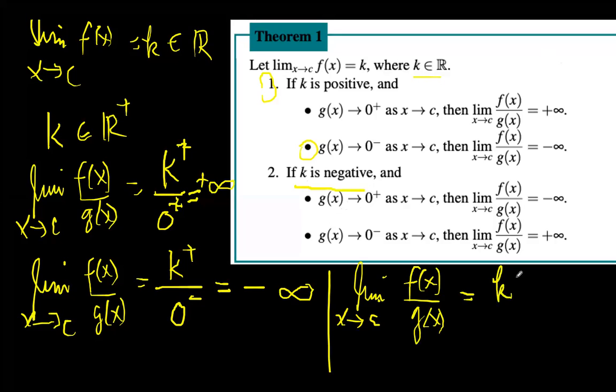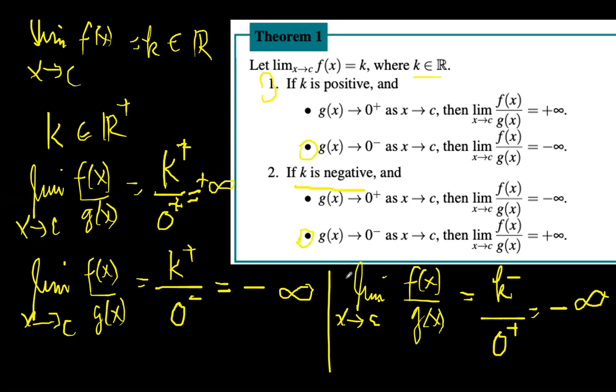So k is negative, and this is our notation for negative values of k. And the limit for g of x is 0. It approaches 0, but the values are coming from the right. All are positive, which means negative divided by positive is negative. So therefore, its limit is negative infinity. I hope it's understood.